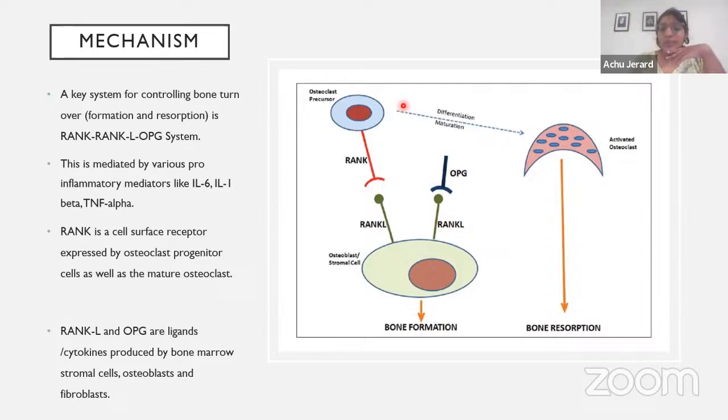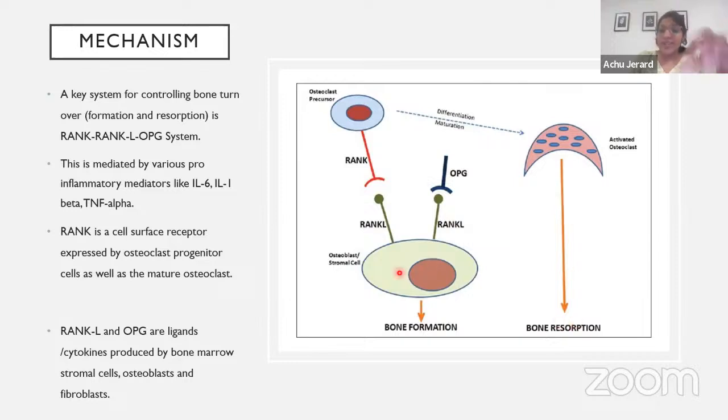So when an inflammation happens, when an inflammatory component takes place, these mediators are released. So they stimulate what? This interaction of RANKL and RANK. And once this RANKL interacts with the RANK receptor, these osteoclast cells get produced and then get activated, and then they cause bone resorption.